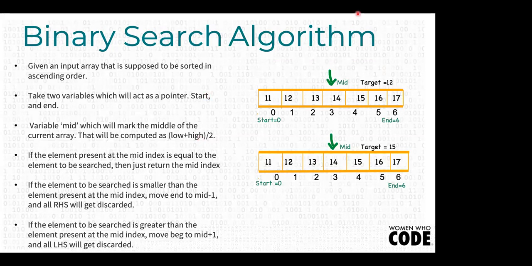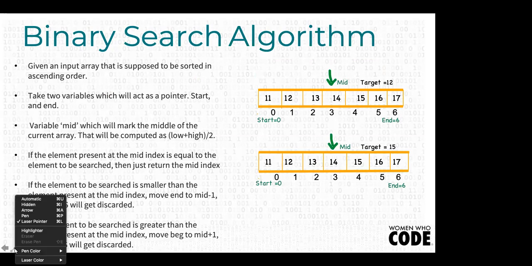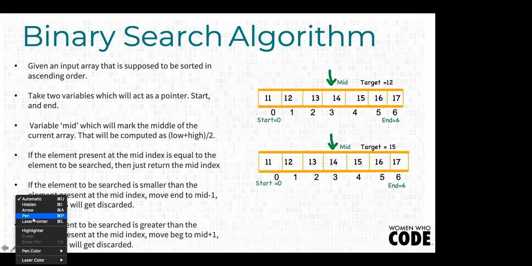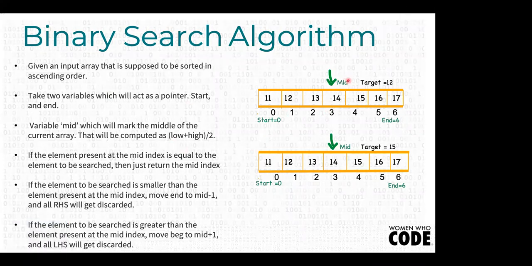The algorithm for this particular search is here. So I have an input array, and I look for a target element. Just a second, I'm changing this pointer. Okay. So here is the input array, and the target is to search for the element 12.